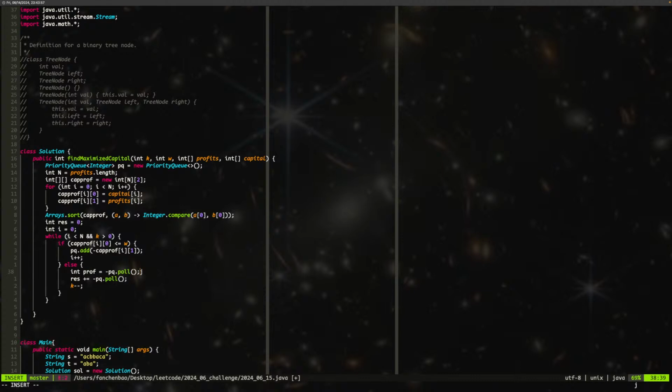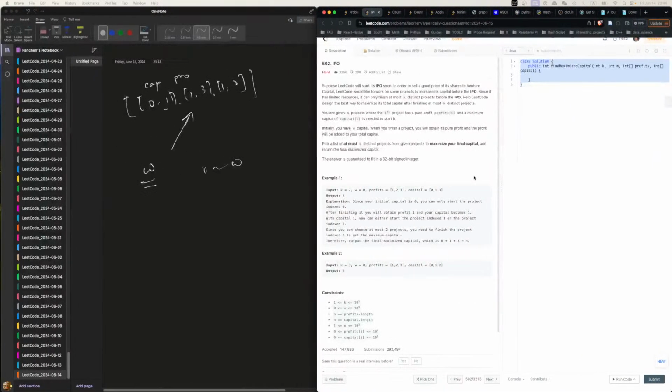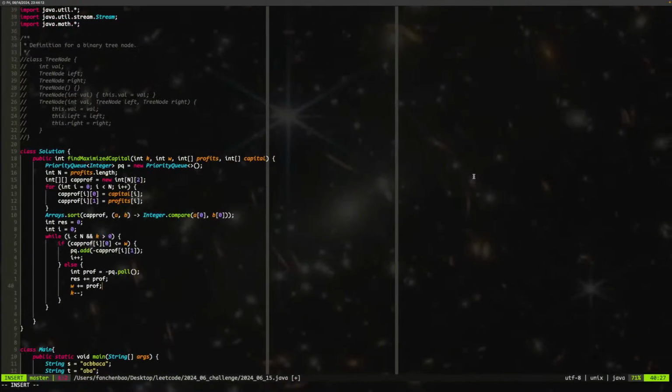So we'll say res plus equal to profit and W plus equal to profit as well. So everything goes up. And k minus minus. And now we go back up, check again. We do again, we do again, we do again.